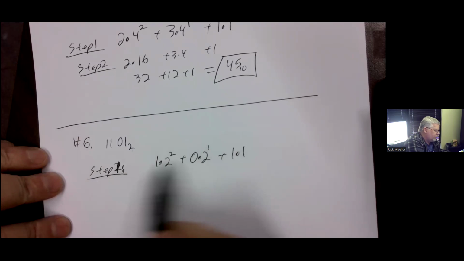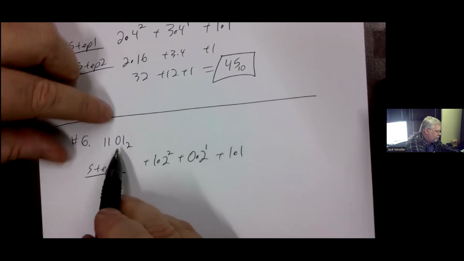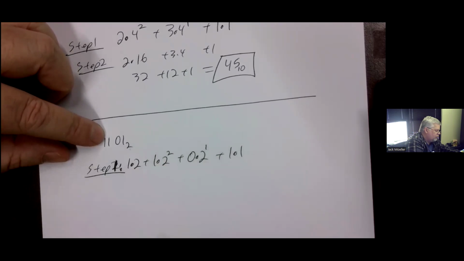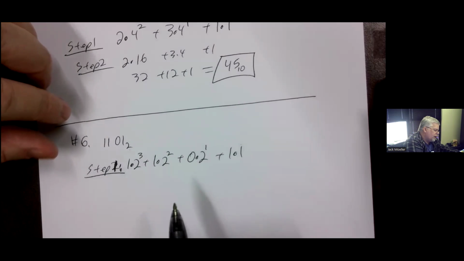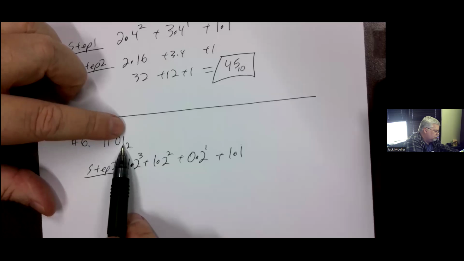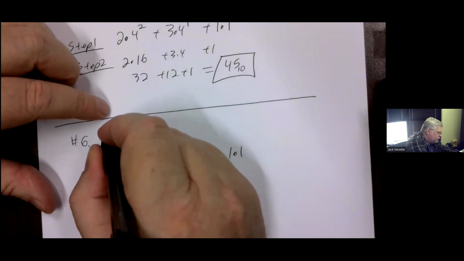I guess if I start on the right, sometimes we're out of room. So this fourth column, that's 1 times 2 to what power? Well, we did 0, 1, 2, now that's to the third. If working backwards is a little confusing, you might want to make a note to yourself: the exponents are 0, 1, 2, 3.